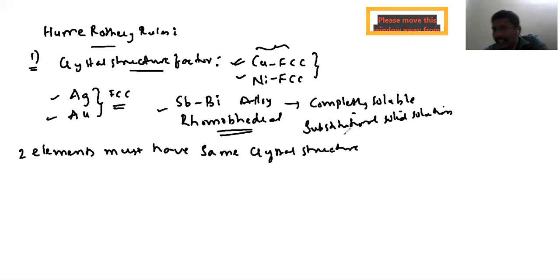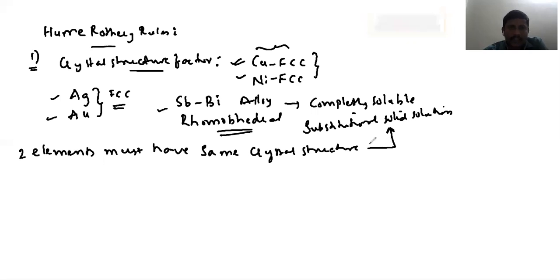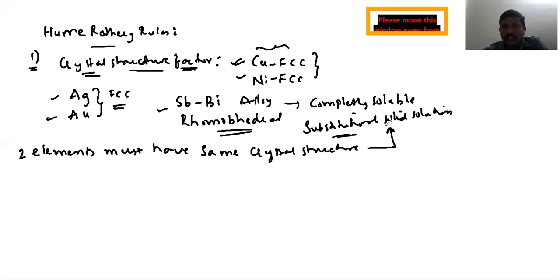Then they can be soluble to any extent in the solid phase, and they can form a substitutional solid solution. So the first factor is that the two elements must have the same crystal structure in order that a substitutional solid solution can be formed.